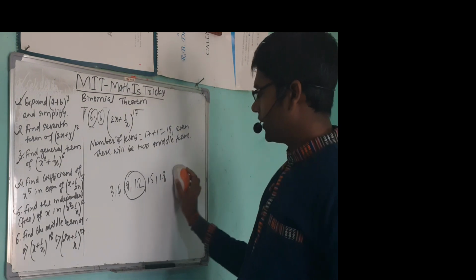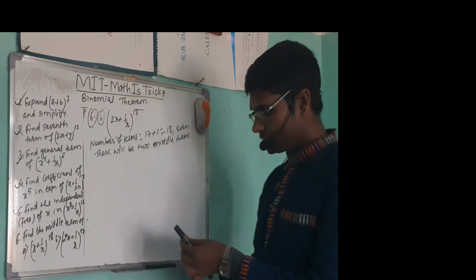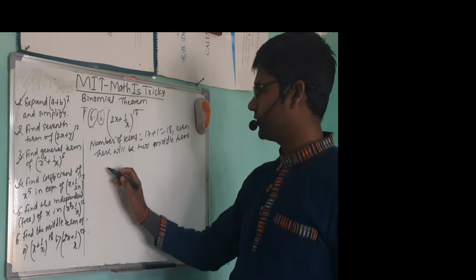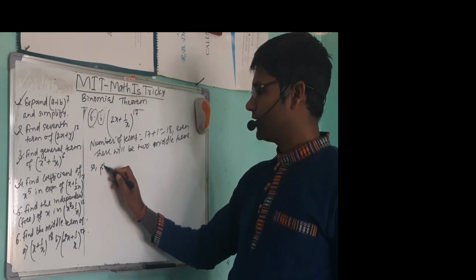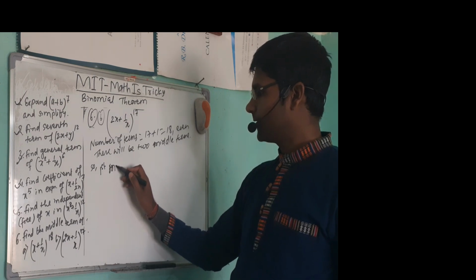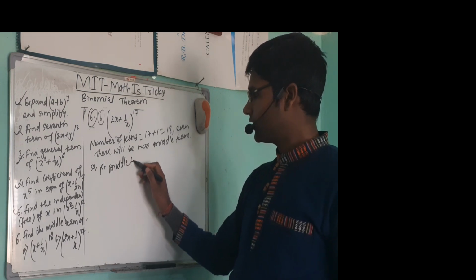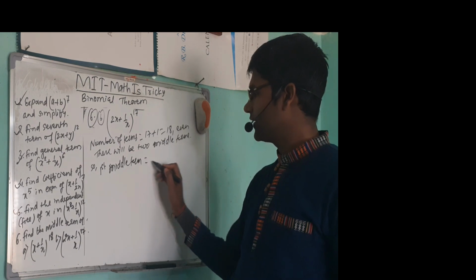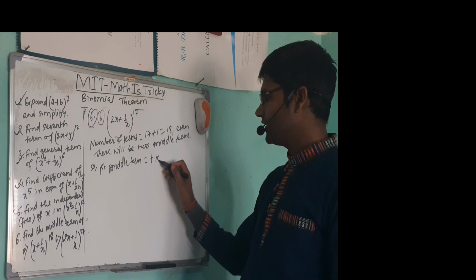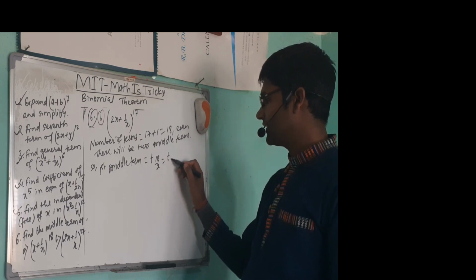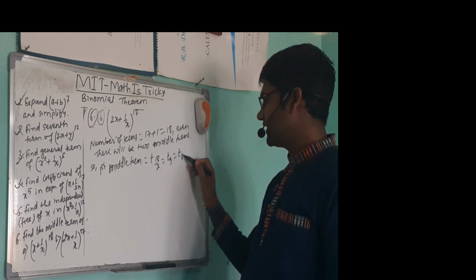Now how do we find the middle terms? The first middle term will be 18 by 2, that is t9, which is t8 plus 1.